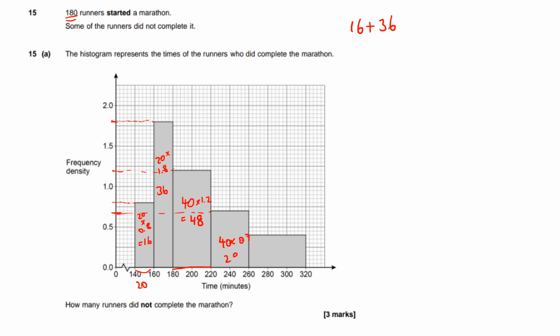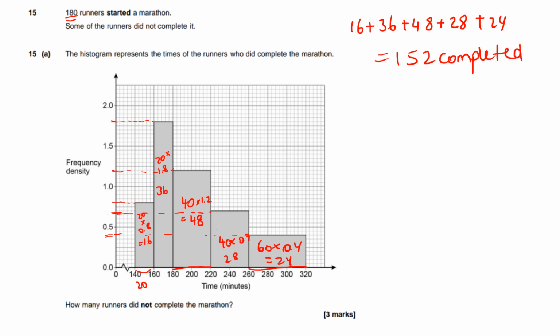That's 28. So I've got 48, 28, and then 260 to 320 is 60, timesing it with 0.4, that is 24. So when I add these up, it's going to give me 152 who completed the marathon.